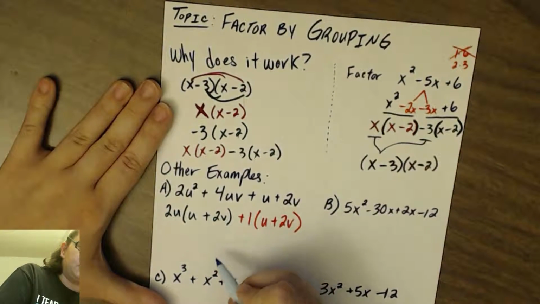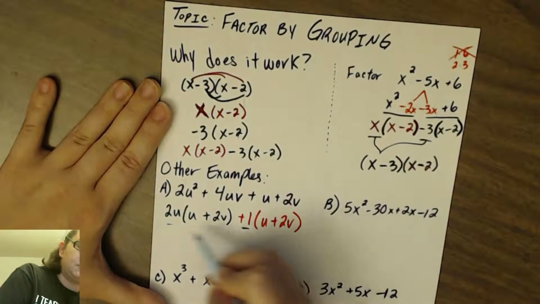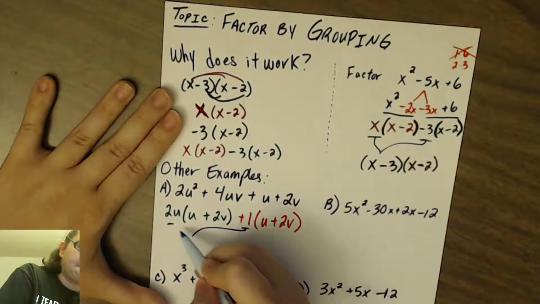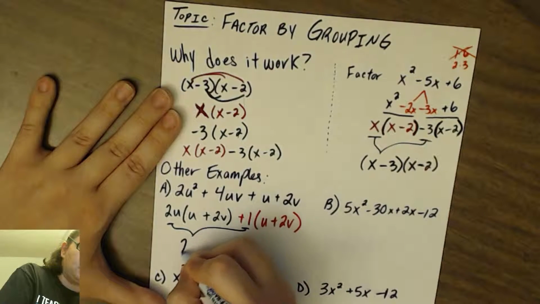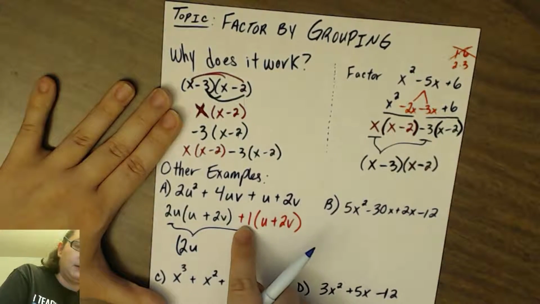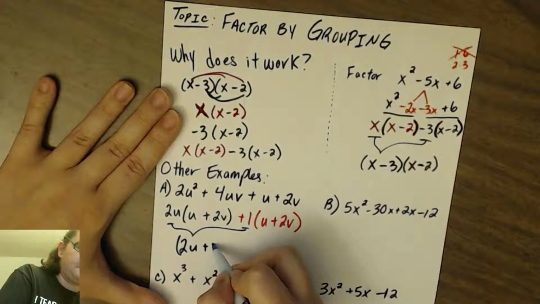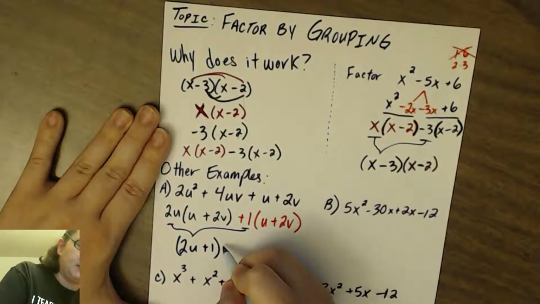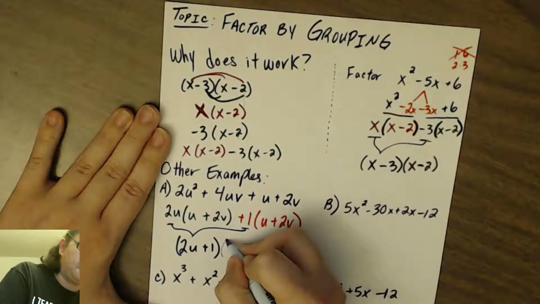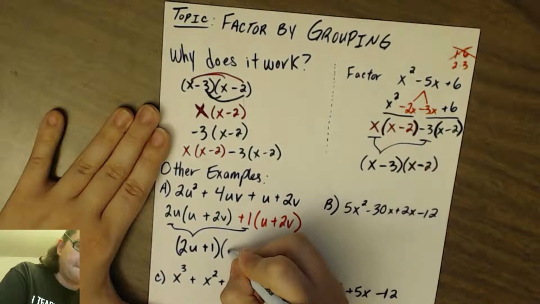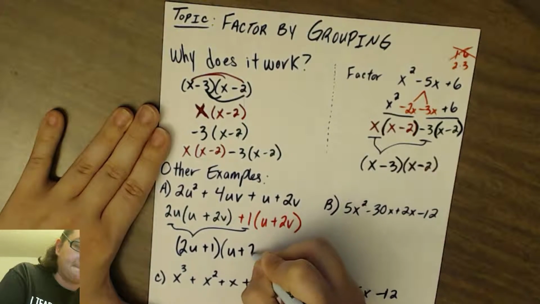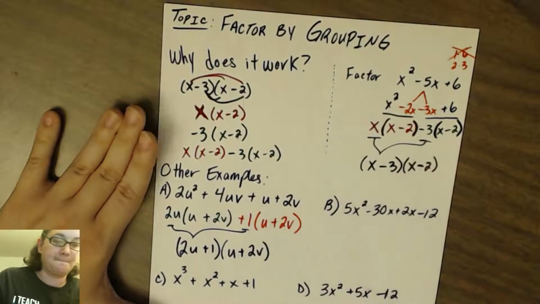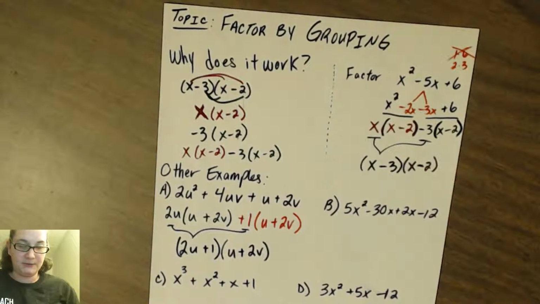So the first 2 terms come together, 2u plus 1. And then the second terms come together. And that is my answer.